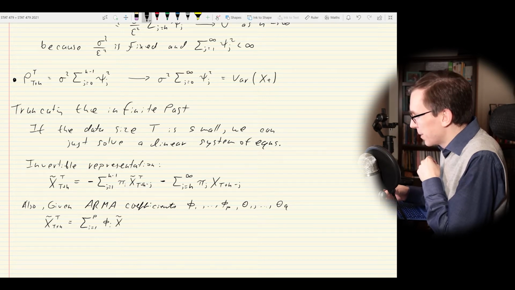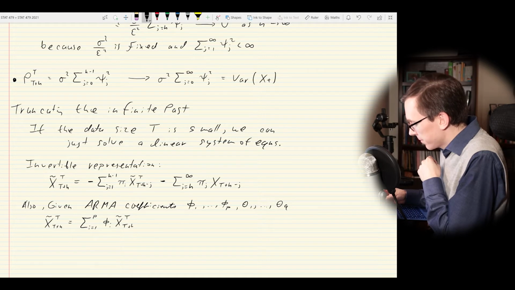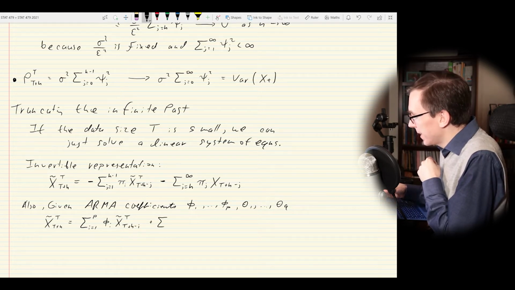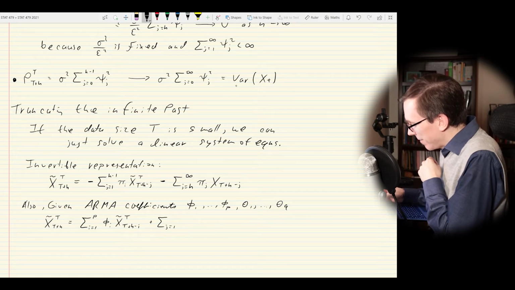Why I'm writing an ARMA process with a bunch of x tildes. So first, I'm just going to write this out. We have the ARMA piece, or the AR piece. We have the MA piece as usual, which is going to look like theta j. Now I'm going to write W tilde t plus h minus j.